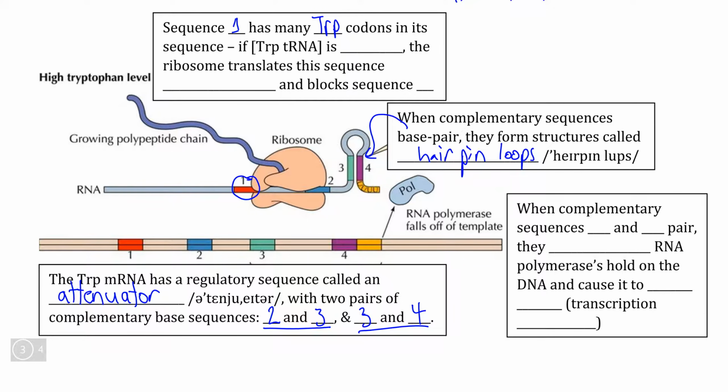For example, if we have a high tryptophan level, that means there is going to be a lot of tRNA that is bonded to the tryptophan amino acid.